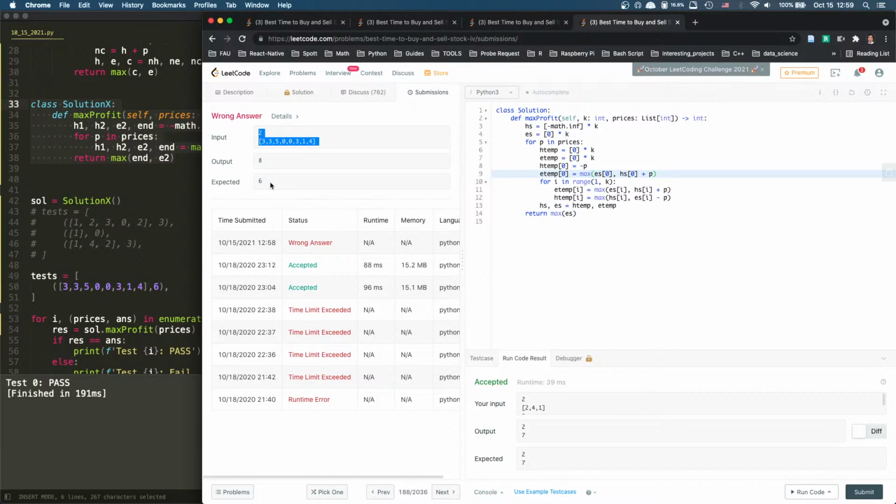Okay, hold on. They do say the starting point is always minus P, right? So the starting point doesn't get anything from the previous one.